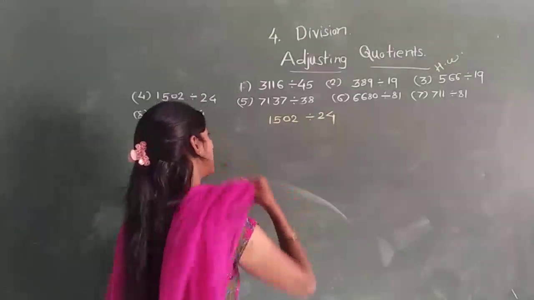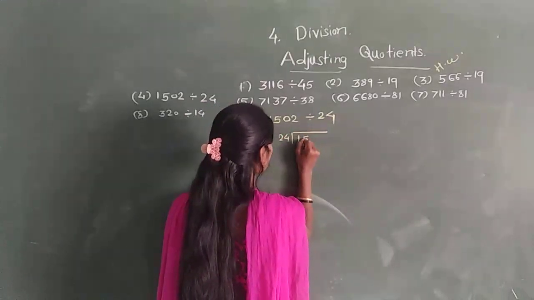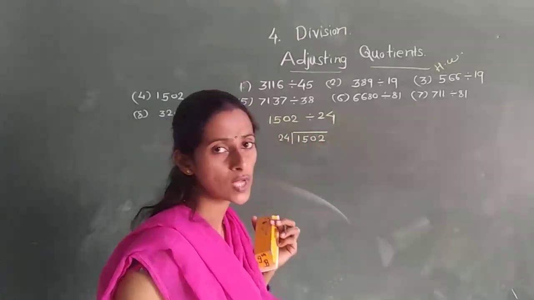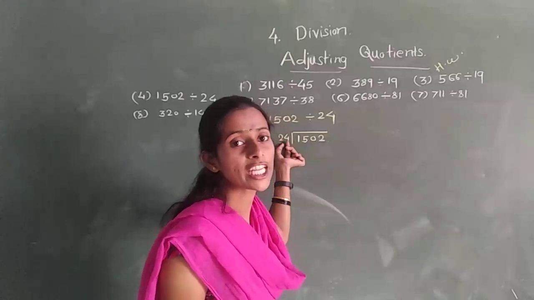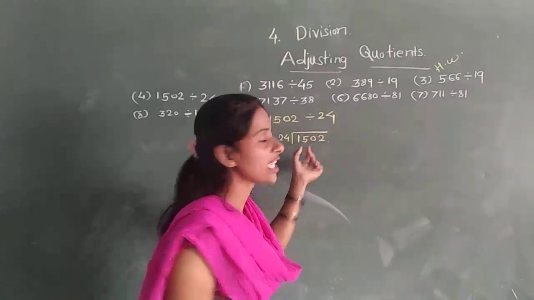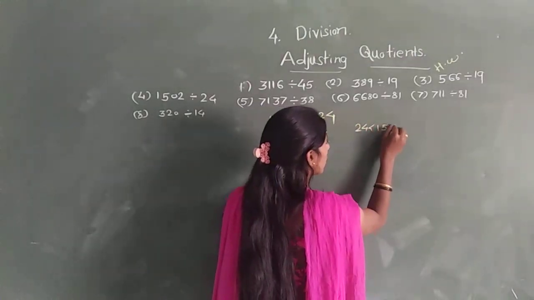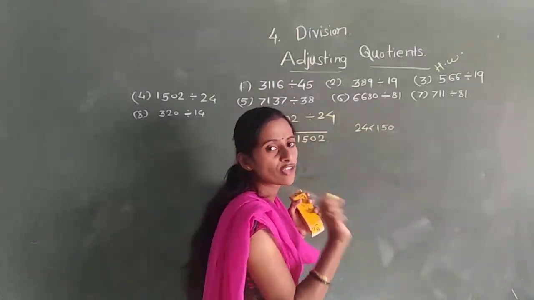So the divisor is 24 and the dividend is 1502. First decide where to start. First 15 is less than 24 because there are not enough hundreds. So go to the tens place, that is 150. So 24 is less than 150; there are enough tens. Clear?